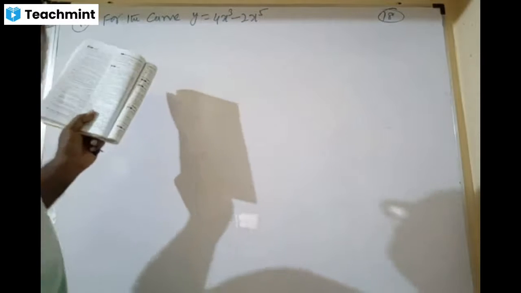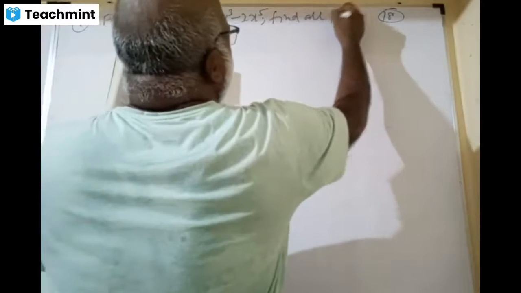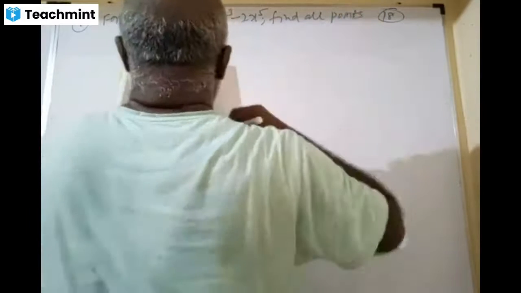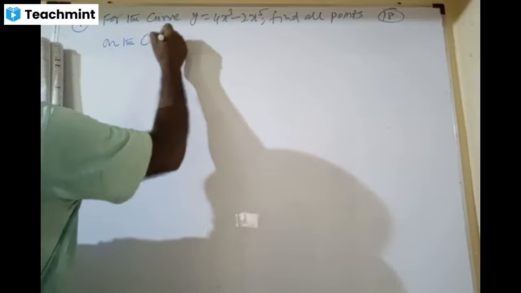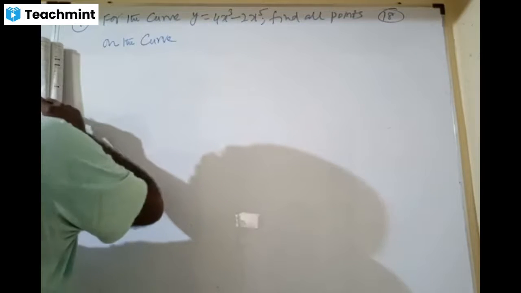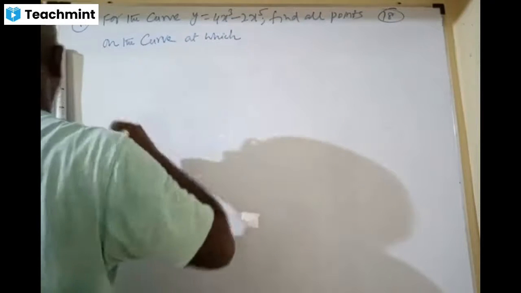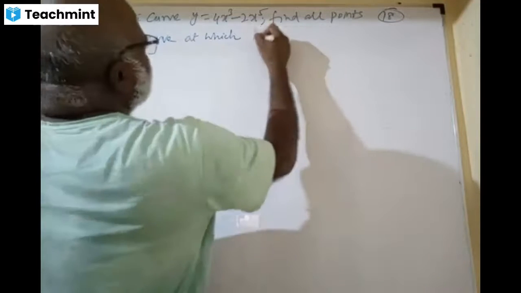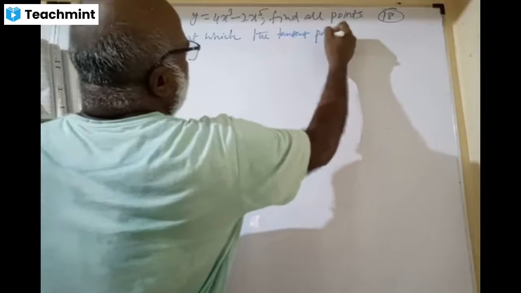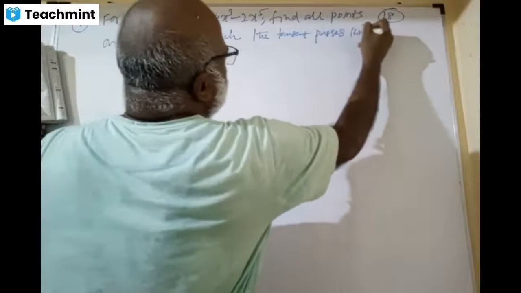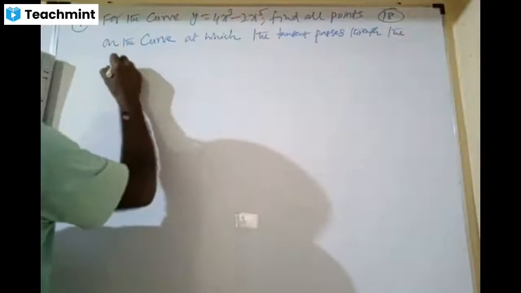Find all points on the curve at which the tangent passes through the origin.